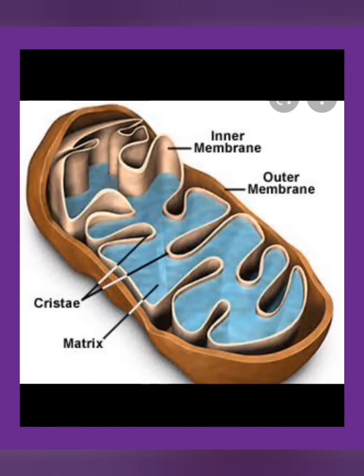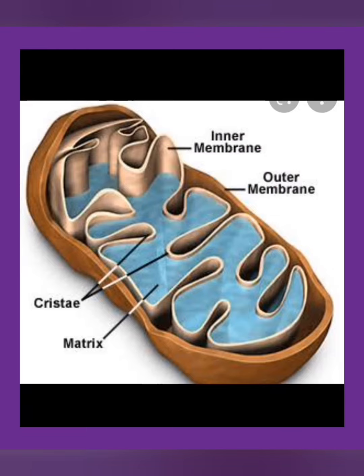So this is how a mitochondrion looks like, and mitochondria are tiny bodies, either round, oval or rod shaped. They are present in both animal as well as plant cells.